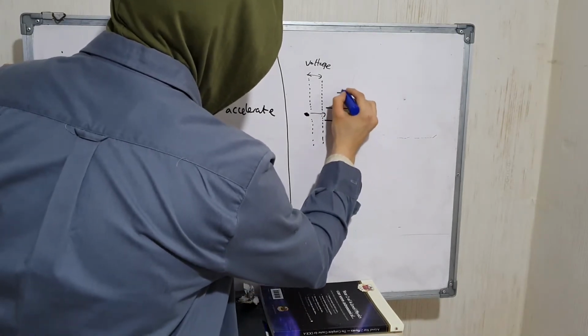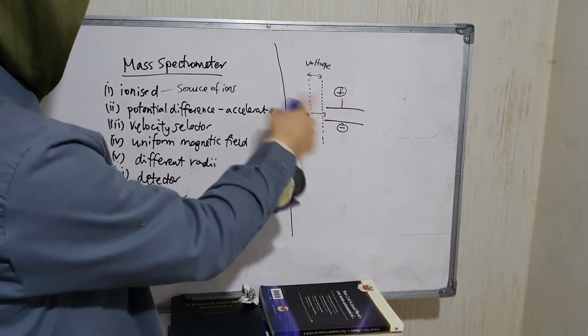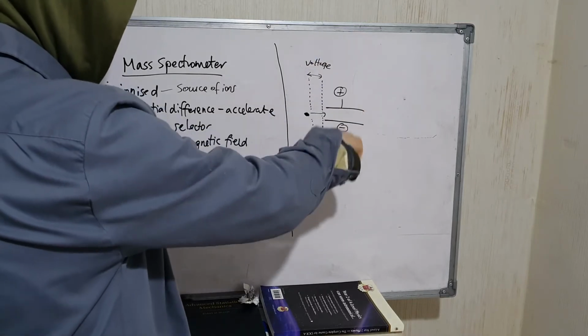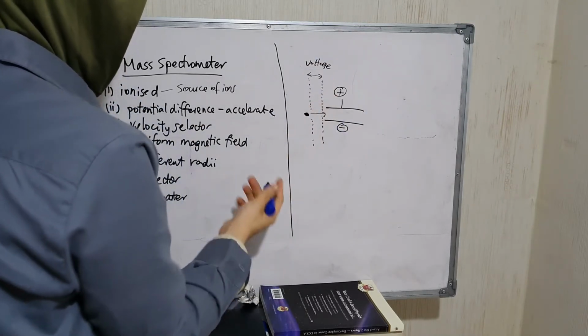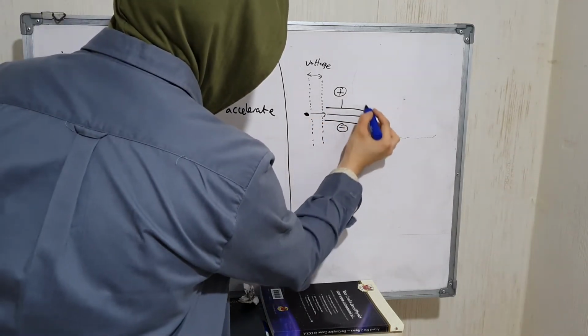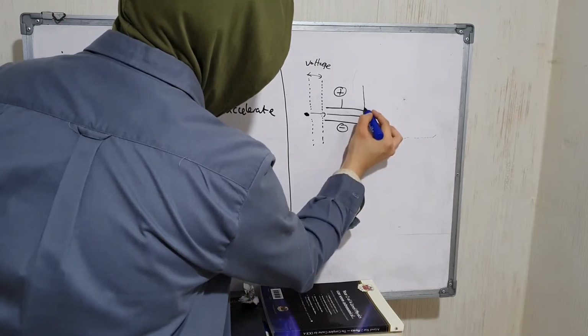This side is positive, this side is negative. We covered this previously. So the electric field will go down, the magnetic field is up. When both are equal, it will travel in a straight line, and it comes out through another aperture.